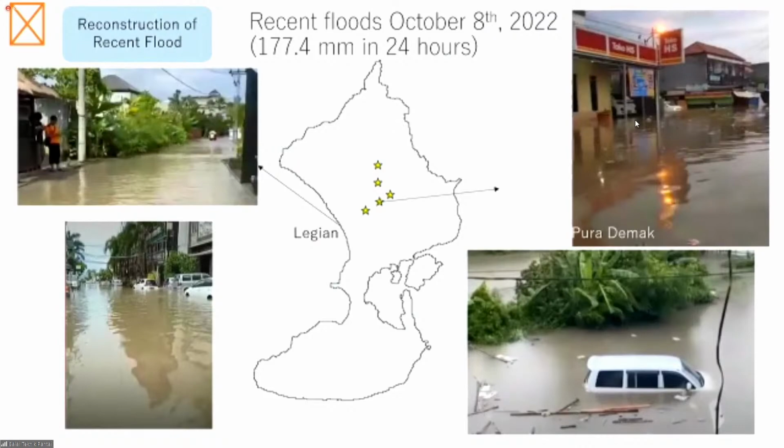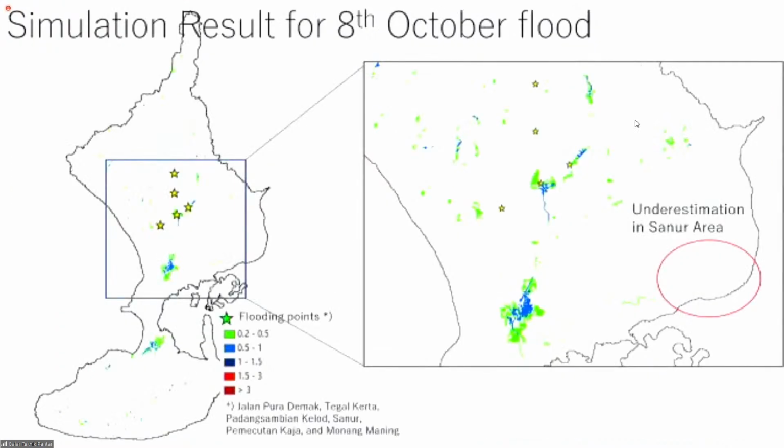But anyway, first we hindcast a recent historical flood that occurred on October 8th of 2022. There are several reports of flooding along the middle of the Denpasar area. This is the simulated result of the maximum water level on the ground as well as in the river.